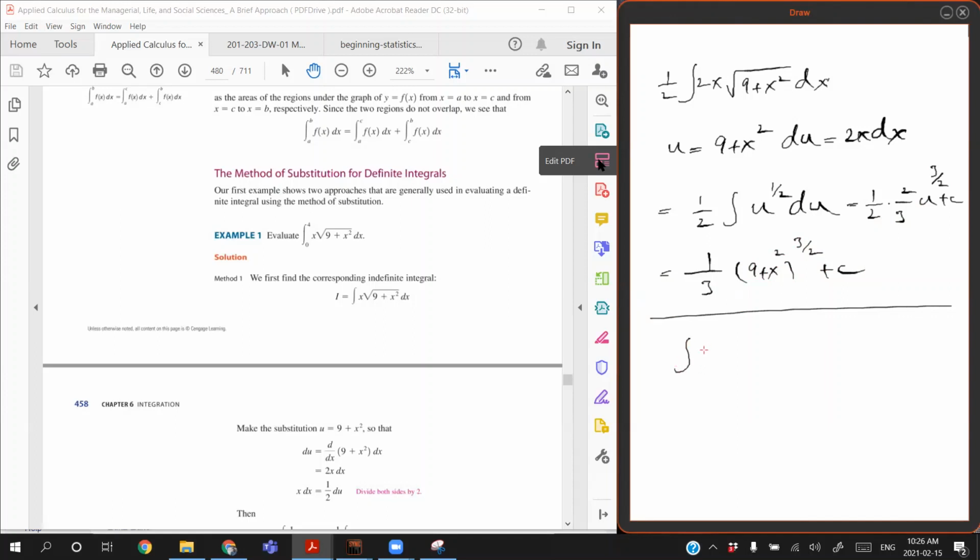Integral of x times root of 9 plus x squared dx from 0 to 4. Then you say, okay, this is going to be whatever F of x is, where F is an antiderivative of this function here, evaluated at 4, and then I need to subtract whatever F of 0 is from F of 4.